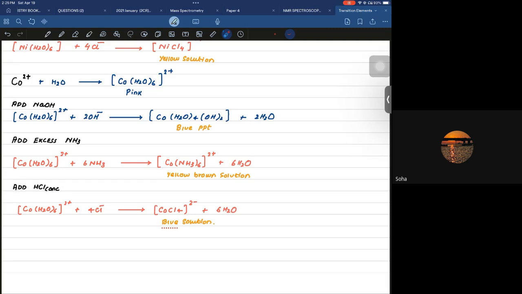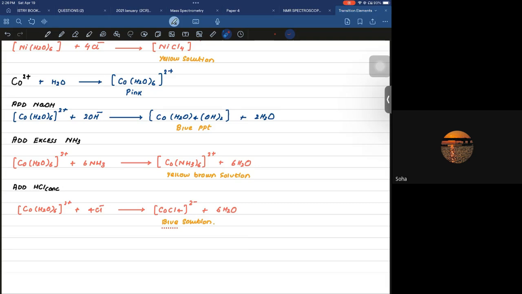If you have a ligand with a smaller size, you can add multiple. But if the ligands are larger in size, you cannot add more. Same goes with this. Since the size of the chlorine ligand is higher, you would be adding only 4 chlorides. Okay, so this is important to know.